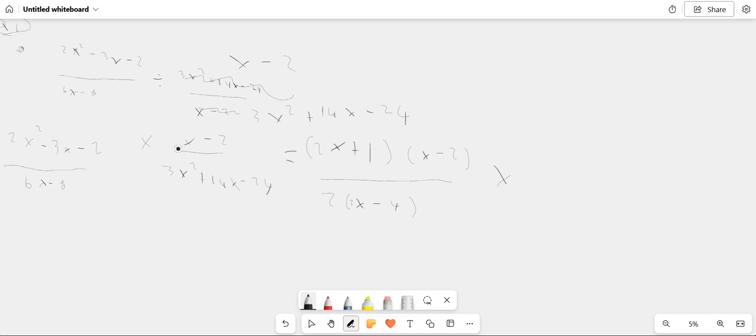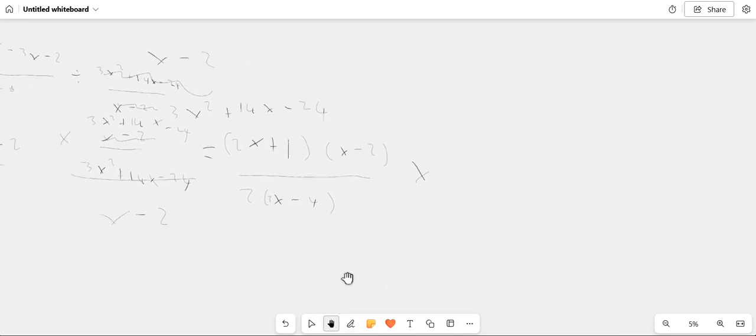So when I flip it, it becomes actually 3x squared plus 14x minus 24 over x minus 2, yeah? Okay. So therefore, when I times it, so when I factorise the top there, that polynomial, you'll get 3x minus 4, yeah? And then x plus 6 here over x minus 2, yeah?